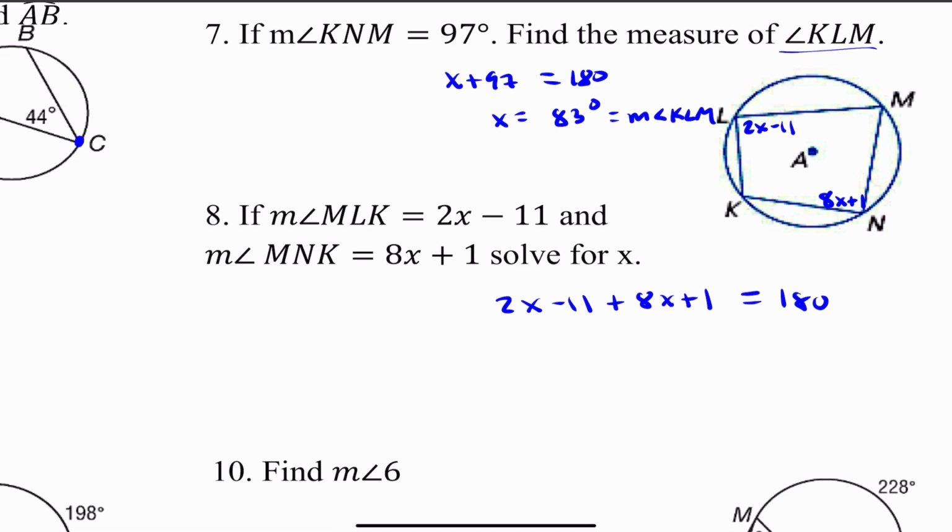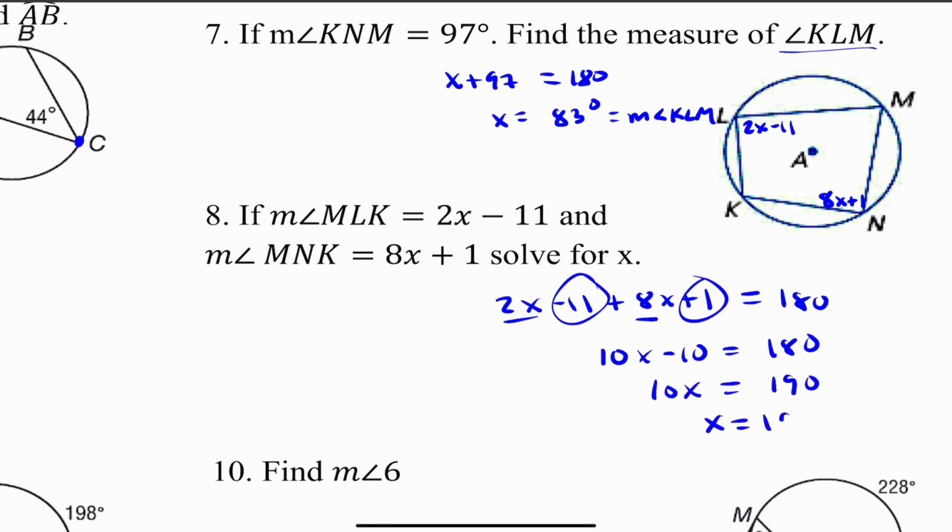So you get 10x minus 10 equals 180. And then you get 10x equals 190. So therefore x is equal to 19. And this is my answer because I'm not being asked to plug anything in. I'm only solving for x, therefore x is equal to 19.